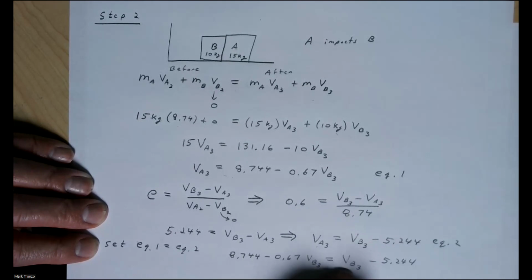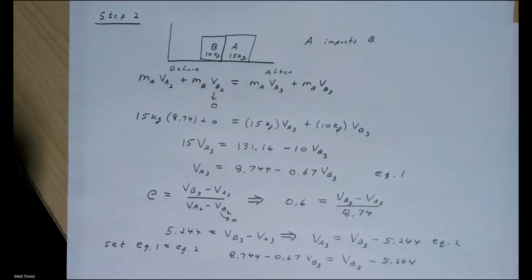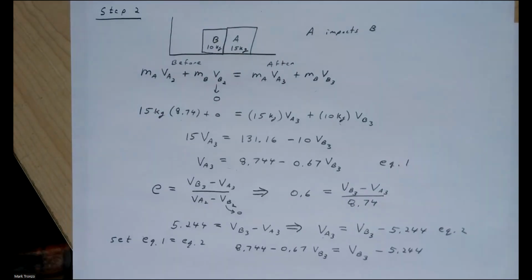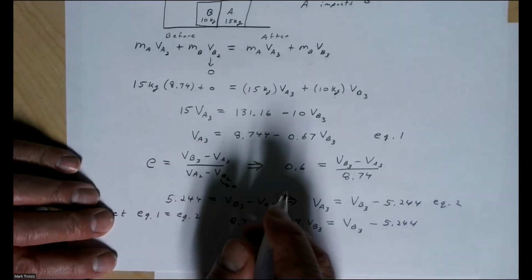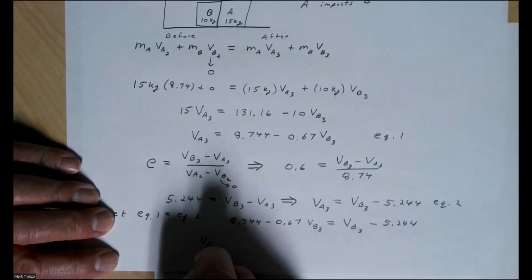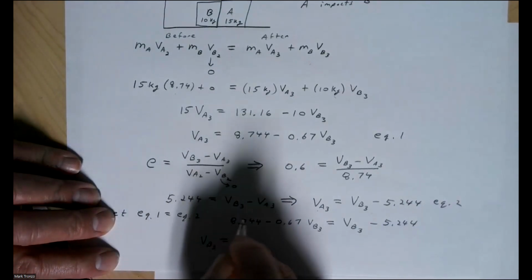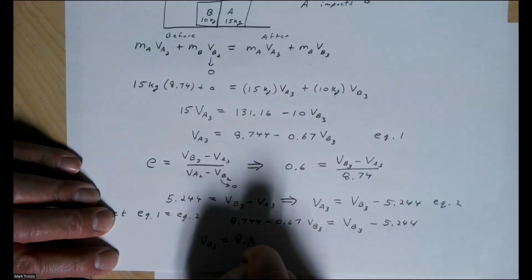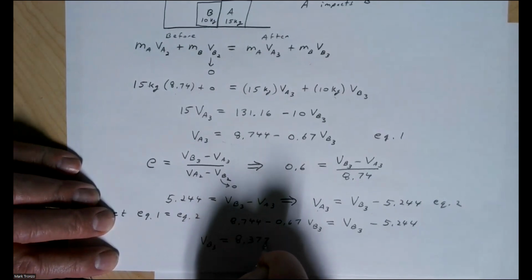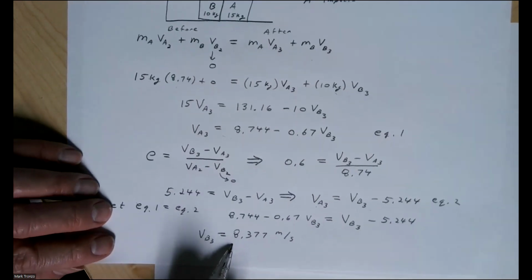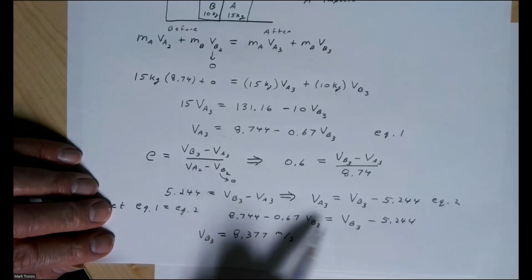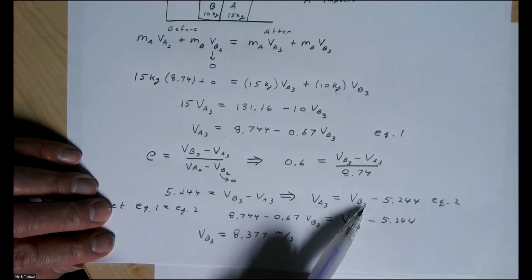And then if we solve for VB3, we get that VB3 is equal to 8.377 meters per second.